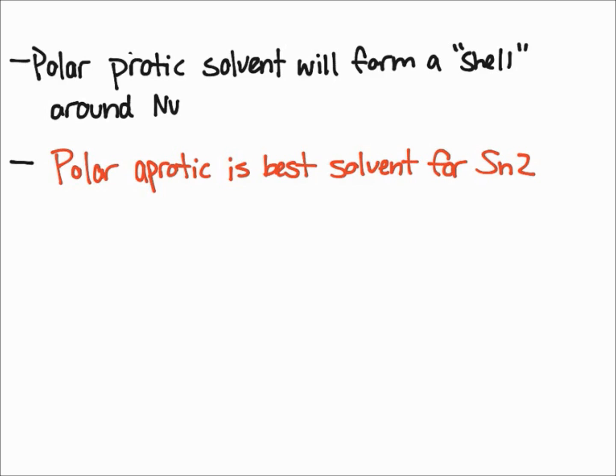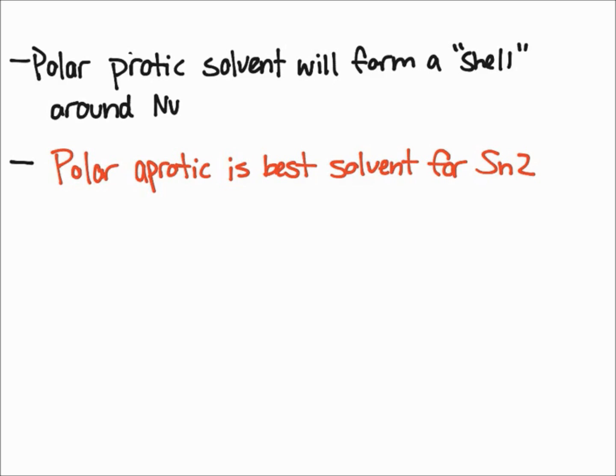If you have a whole bunch of stuff forming a shell around the nucleophile, that reaction is going to be less likely to occur. Protic solvents also form strong intermolecular forces, and this is bad because they have to be broken in order for the SN2 reaction to occur.